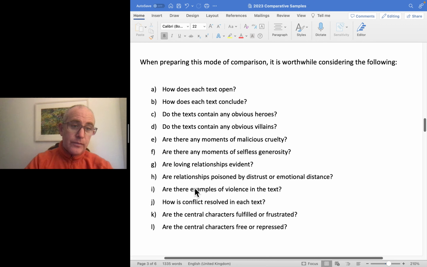This list here is just a list of things to consider. If you're not sure about general vision and viewpoint and what to look for, look out for how your texts open, conclude, heroic behavior, villainous behavior, cruelty, generosity.